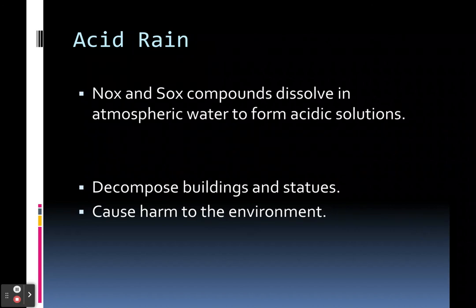When we're looking at acid rain, we've typically heard about it and think, oh, it's harmful to the environment. These are going to be made from what are called NOx and SOx compounds. These come from air pollutants most of the time that have nitrogen combined with some substance and sulfur combined with other substances that then produce acidic solutions in the air with the rain.